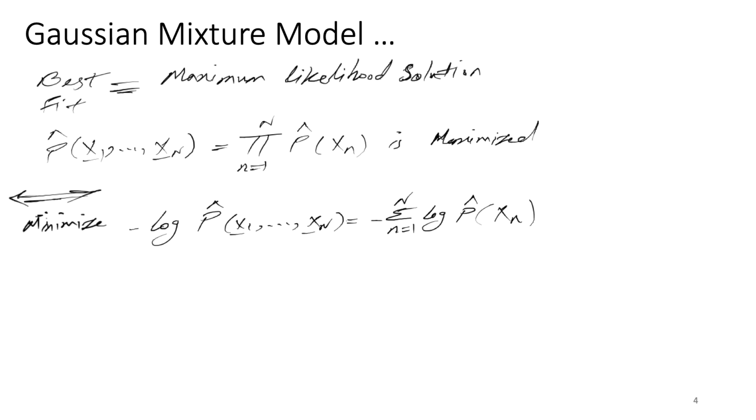It's as if we are trying to minimize the in-sample error, and that's where the En came from. So minus log of P estimate can be defined, as we always knew from the least square and linear regression, as minus summation of all the logs of P hat xn, right?